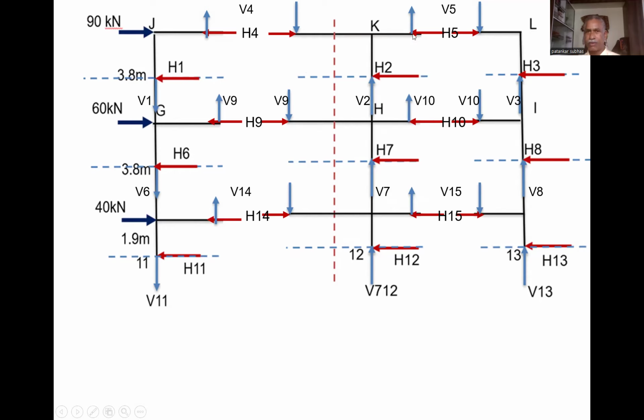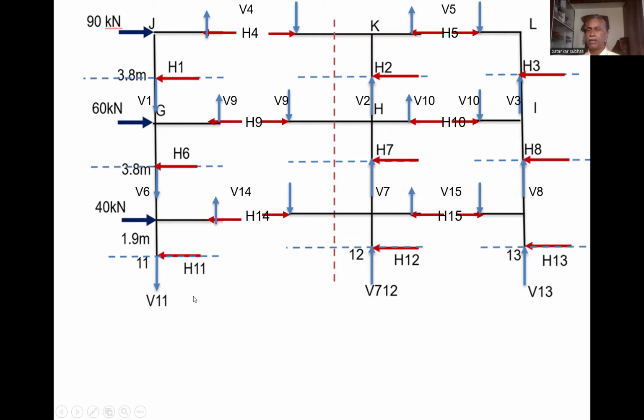That's why we can find the moment in the column K to L. Or we consider the joint L: the moment in L to K is equal to the moment in the column L to I, and in this way we can find the column moment as well as the beam moment.